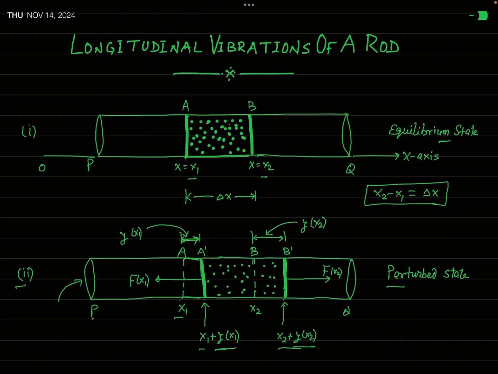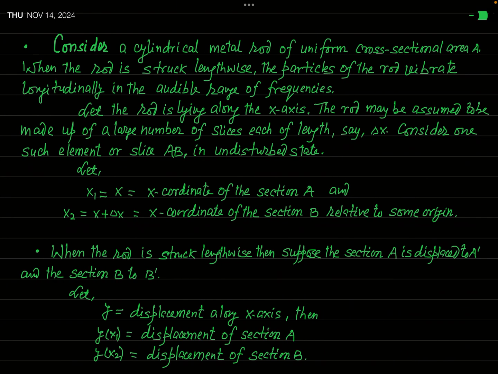We have assumed that x1 is the x coordinate of section A in undisturbed condition, and x2, which is equal to x plus delta x, is the x coordinate of section B. So in the undisturbed state, the length of the element AB will be equal to x2 minus x1, which is delta x.